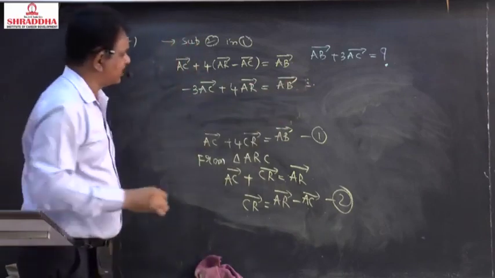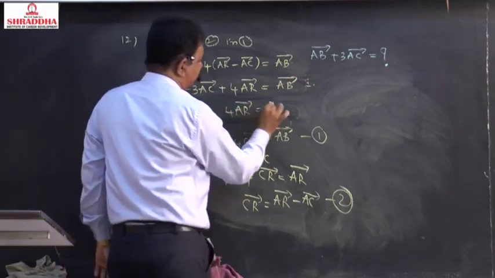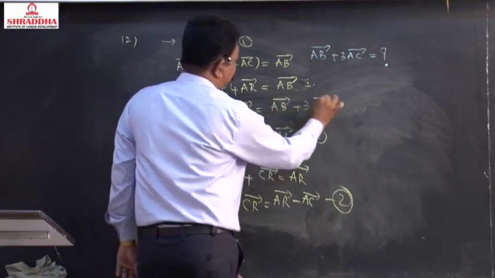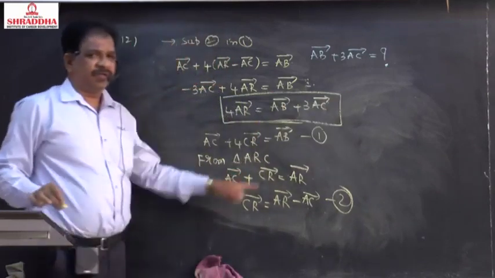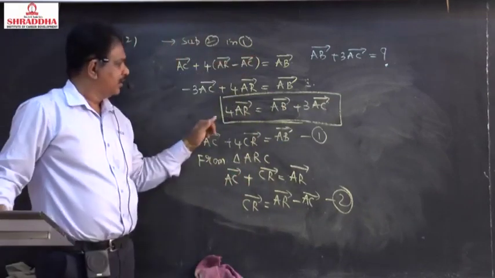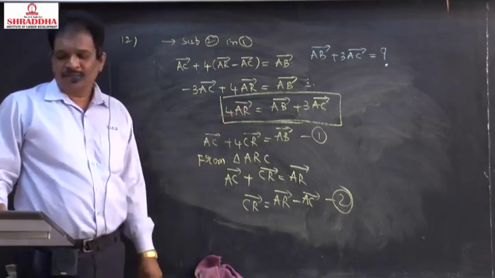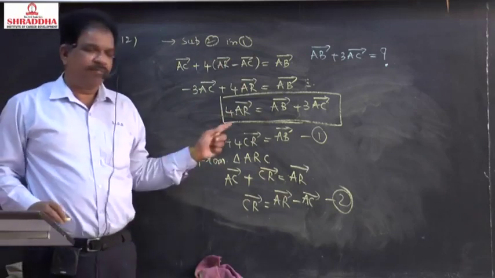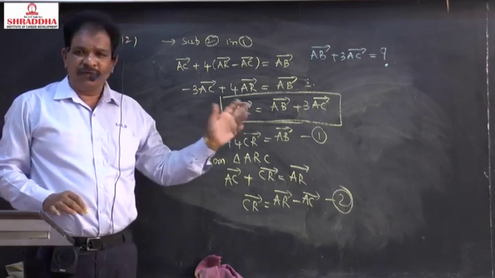Bring this one to that side. 4 AR bar is equal to AB bar plus 3 AC bar. We need AB bar plus 3 AC bar, how much? That value is equal to 4 AR bar. Okay? So option B we will get. Because this is 11, we are going slowly.